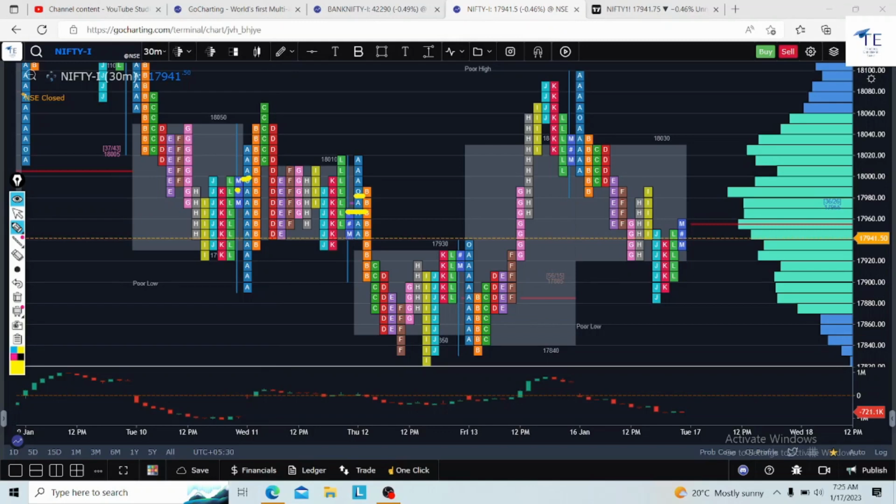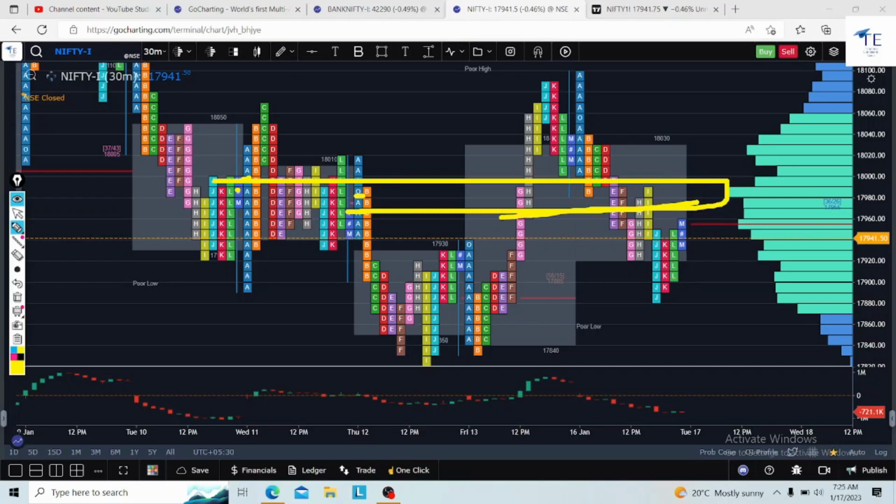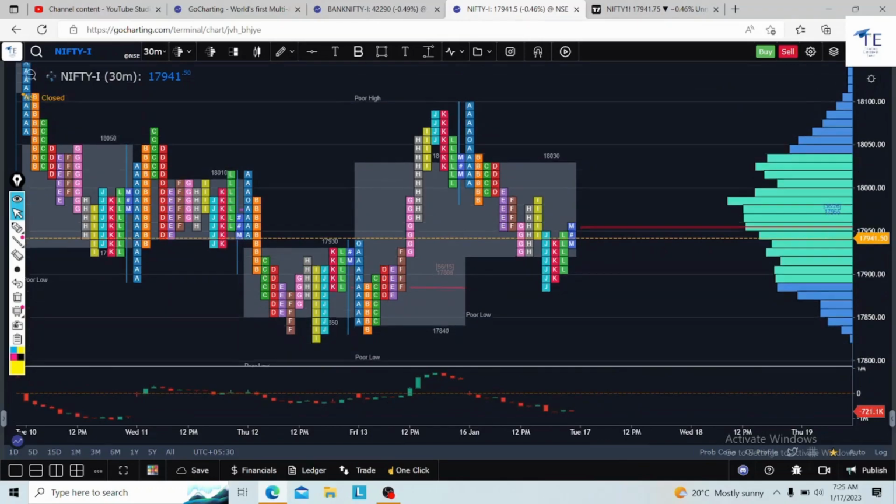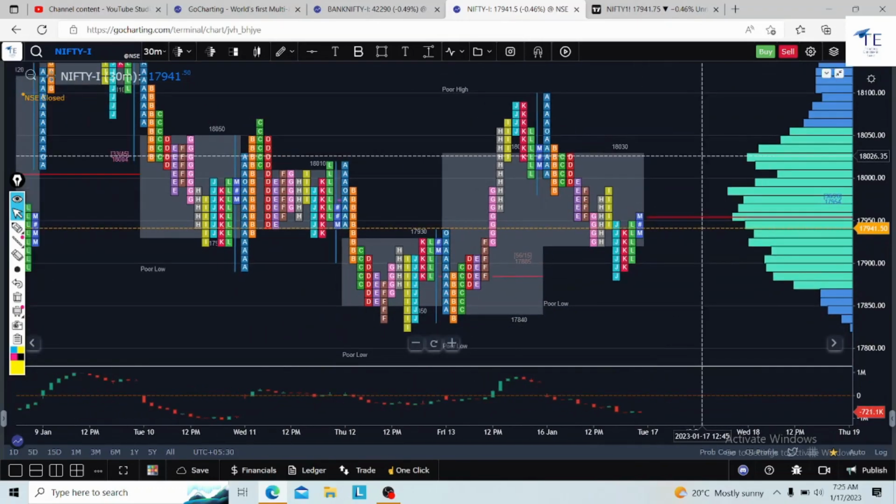This territory, this zone, had good accumulation or distribution. Something happened on this particular territory. On this day it became a resistance but was broken. Yesterday this territory was support and that broke. So how this territory acts today, we have to work out and watch these levels.